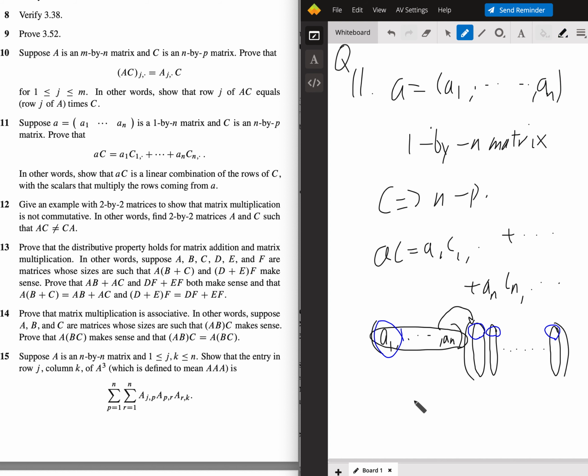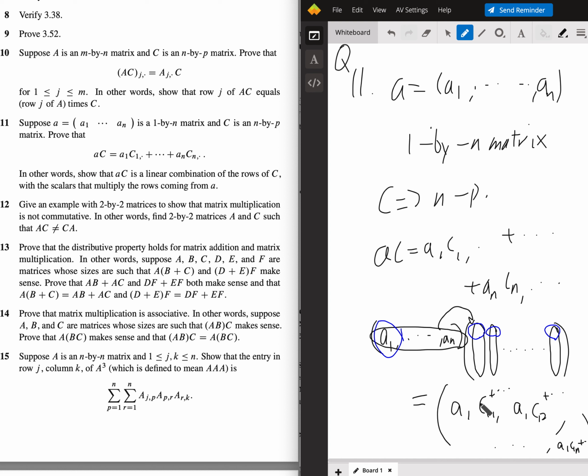So what you're going to get is something like this, right? A1 times C11 plus a bunch of other stuff, and then A1 times C12 plus a bunch of other stuff, and so on, until A1 times C1p plus a bunch of other stuff.